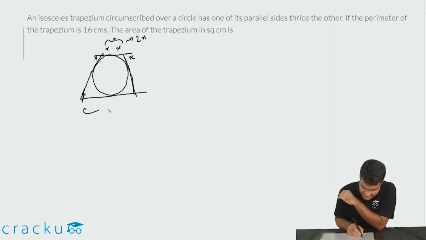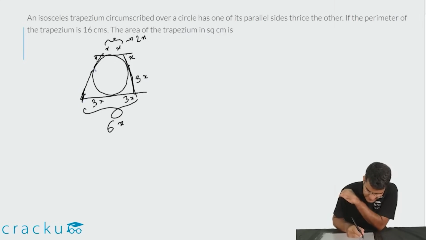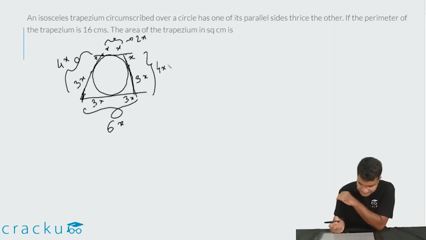So the length of this is 6x. So this is equal to 3x and this will be equal to 3x. As these are 2 tangents from the same point, this will also be 3x and this will also be 3x. So the length of this side is 4x, the length of this side is also 4x.